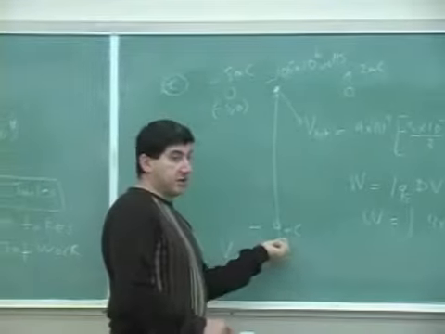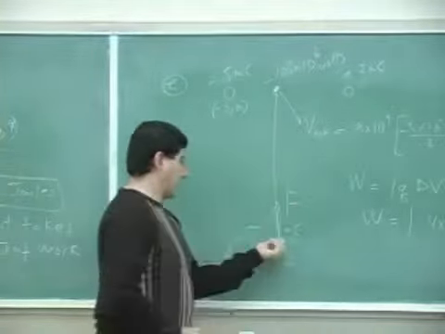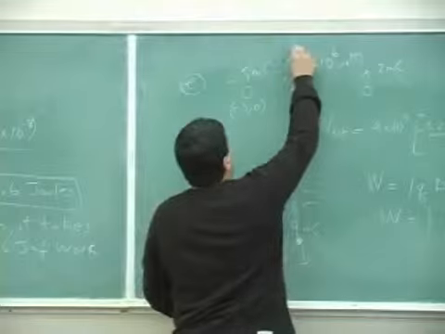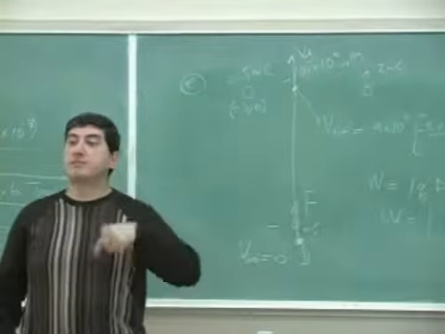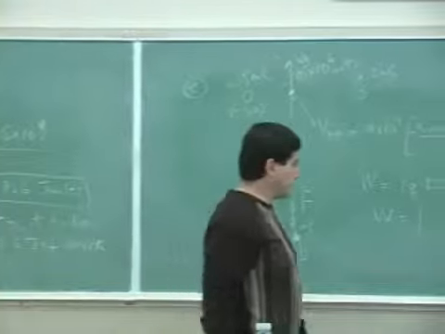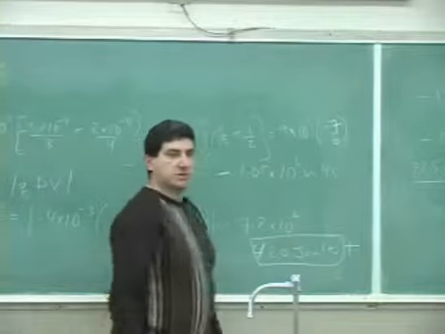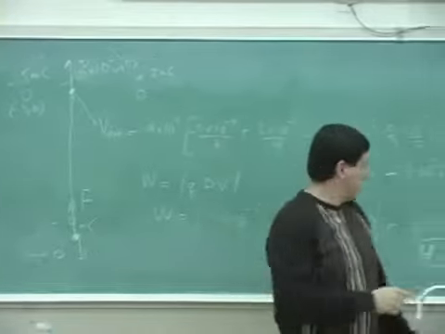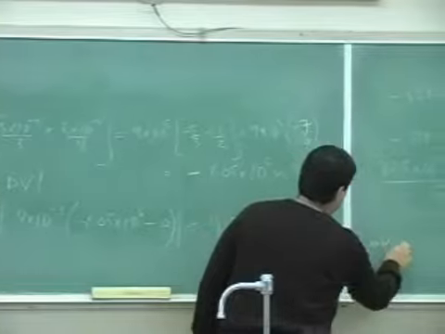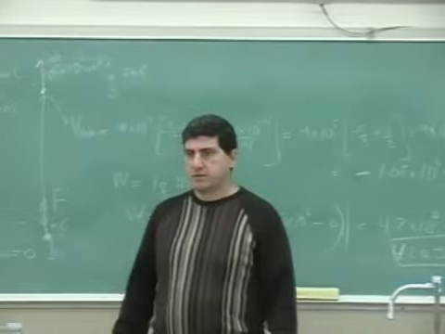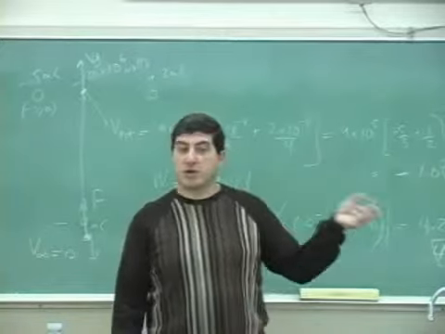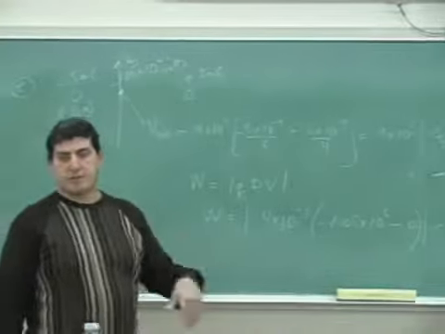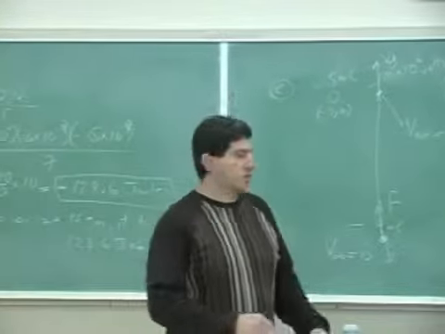Now, if I want to accelerate it, so I'm actually going to push it here, and I want it to have a certain velocity here, then I'm going to have to do even more work. You would have to add to this whatever kinetic energy you want it to have at that point, half m v final squared. So you're going to have to do a minimum of 420 joules just to make sure it goes there at constant velocity. But if you wanted to accelerate, you'd add to it the kinetic energy.